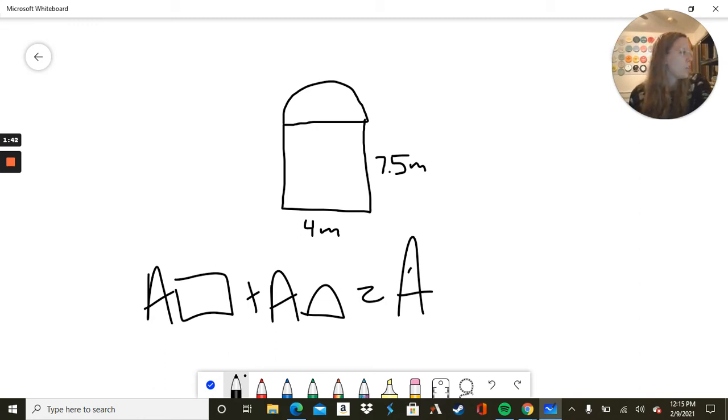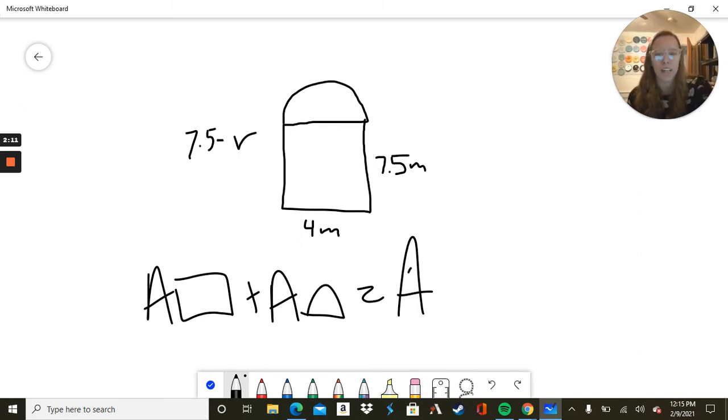We have here 7.5. To find this side, we need to take 7.5 minus the radius. I'm going to write it like it is in the book.